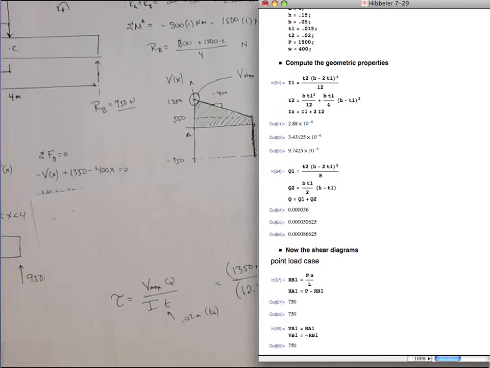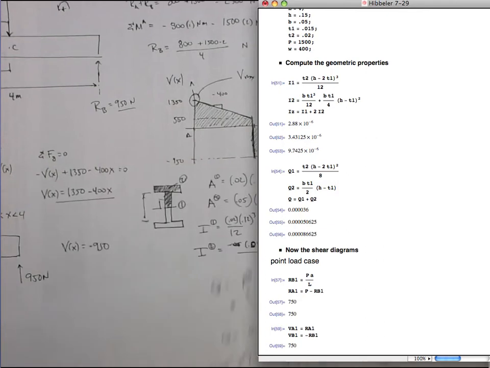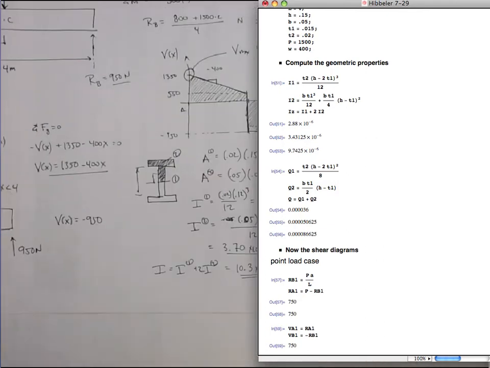All right, so when we look at this, I got for I, when I did it by hand, 10.3 times 10 to the minus 6th. So what did I get for I here? Well, it's a little off, but it's close. Instead of 10, it's 9.7. So that's close. I don't think that would be enough to make the difference, the 20% error that I've got.